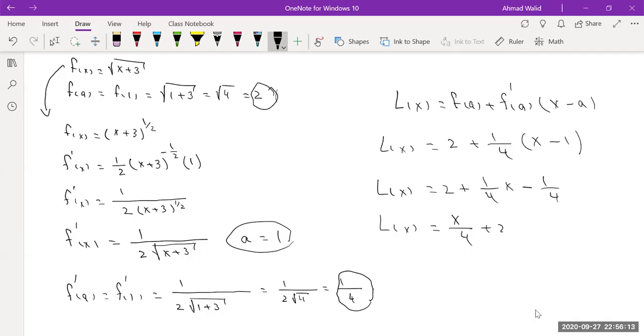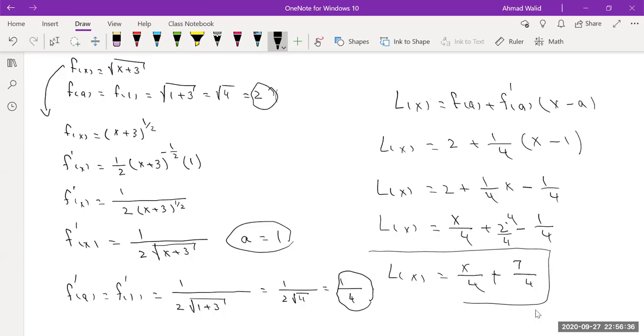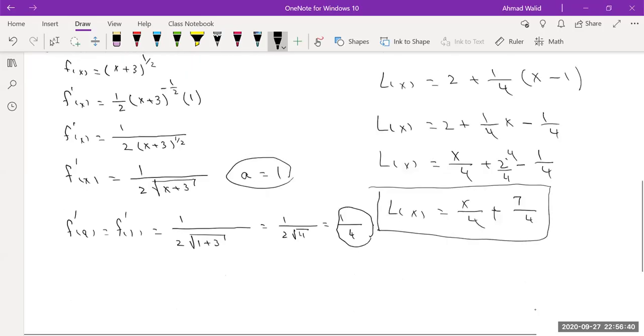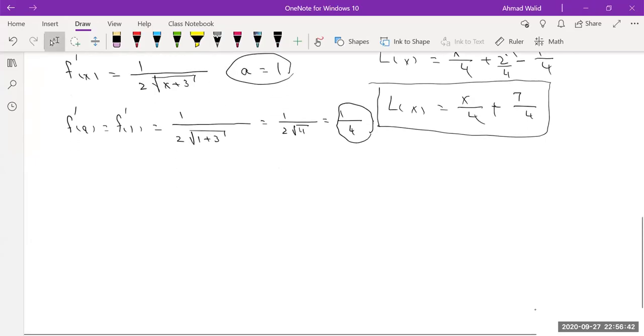Now, plus 2 minus 1/4. Here you need a common denominator, which is 4. Then L of x equals x over 4 plus 2 times 4 gives you 8, 8 minus 1 gives you 7 over 4. That is the formula for the linearization. What is the meaning of this L of x?